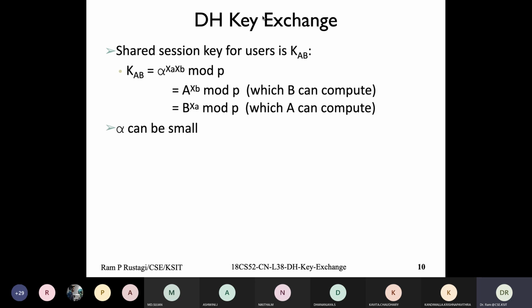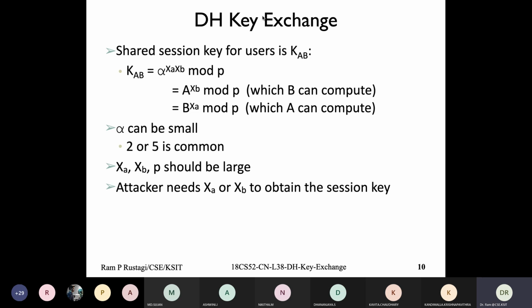Now, the only challenge is P has to be a large number, whereas alpha can be small. It doesn't really matter what alpha is. As long as P is a large number and both XA and XB are large numbers, when you compute YA and YB and share them, it is not computationally feasible for a hacker to determine the shared key.